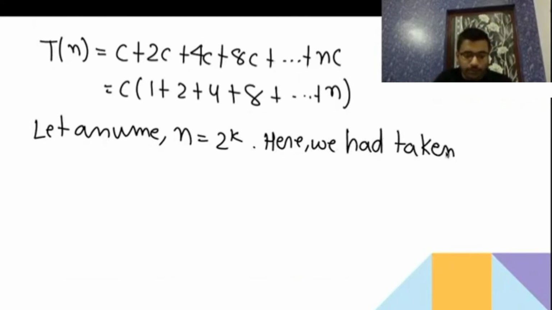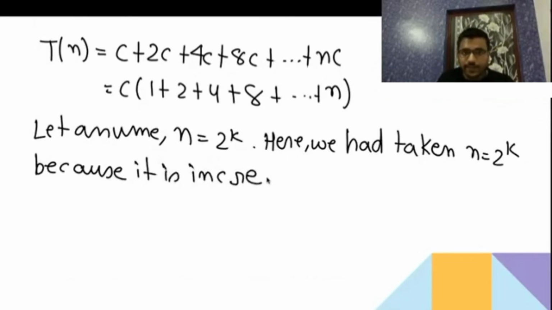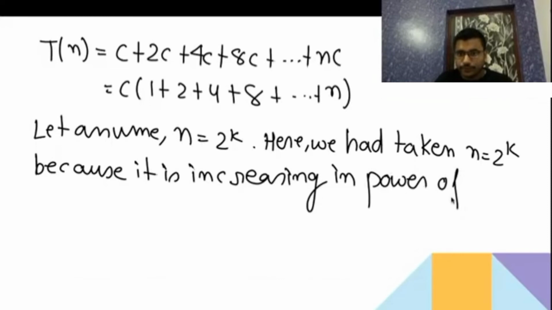For the next problems onward, we will not write. Here we have taken n equal to 2 to the power k because it is increasing in powers of 2. In the GATE exam there is no need to do all these things, just for your understanding, for your notes I am writing.